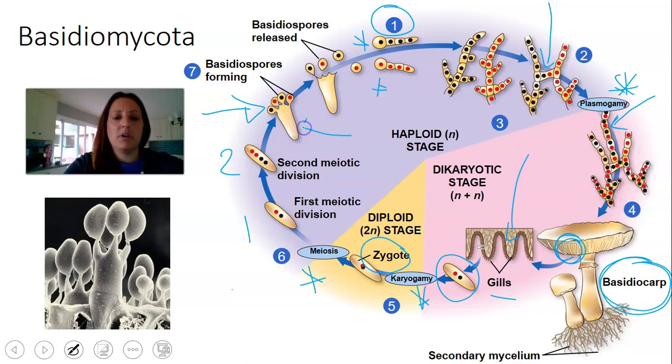So this club-like structure here would be on the gills, and it's called the basidia. Okay, those spores will then be released from the gills, and they'll be carried by wind, water, insects, animals, and wherever they land, hopefully they'll germinate, and we'll end up with another mycelium, which can then grow into a basidiocarp if sexual reproduction is happening. Okay.